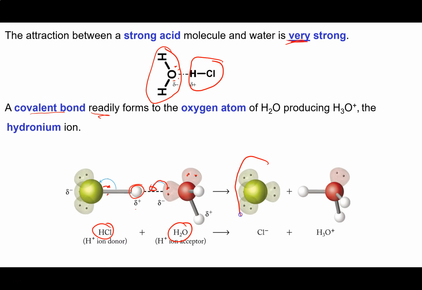So the net result is that we form a chloride anion, and we form a covalent bond to the hydrogen atom, and we form a hydronium cation. So what do we have? We have proton transfer. In this way, the proton moves from the HCl to the water.